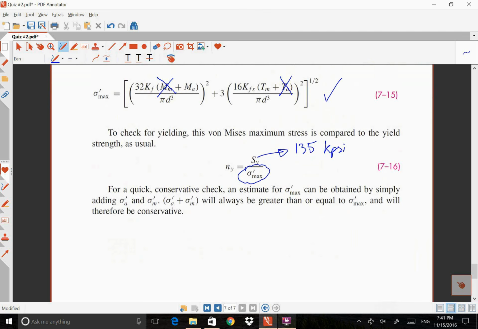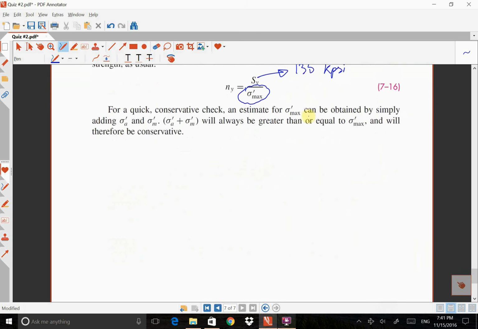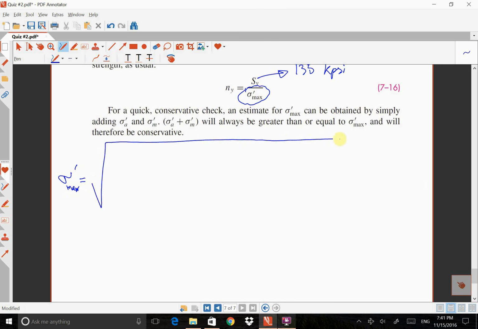So the first term will be, I'm going to say sigma max prime is the square root of a very big thing, and here I have 32 times 2.14 times 16.32.